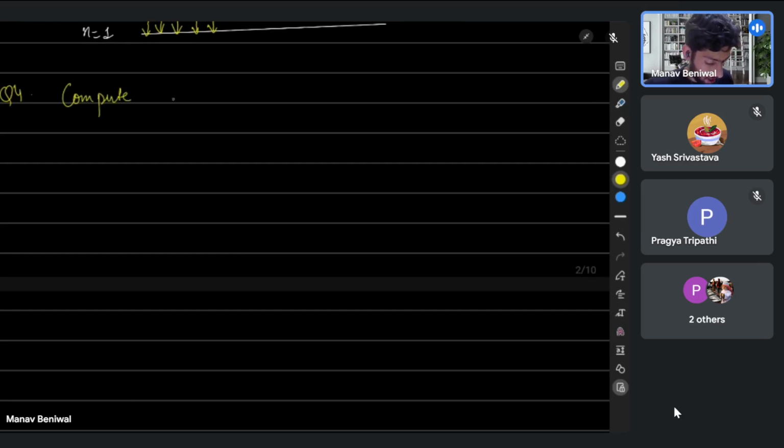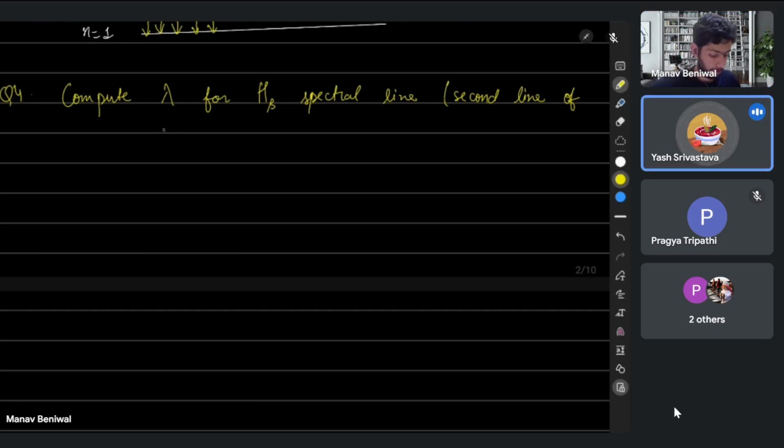Compute lambda for the H beta spectral line. What is the H beta spectral line? This is the second line of which series? Sir, Balmer.